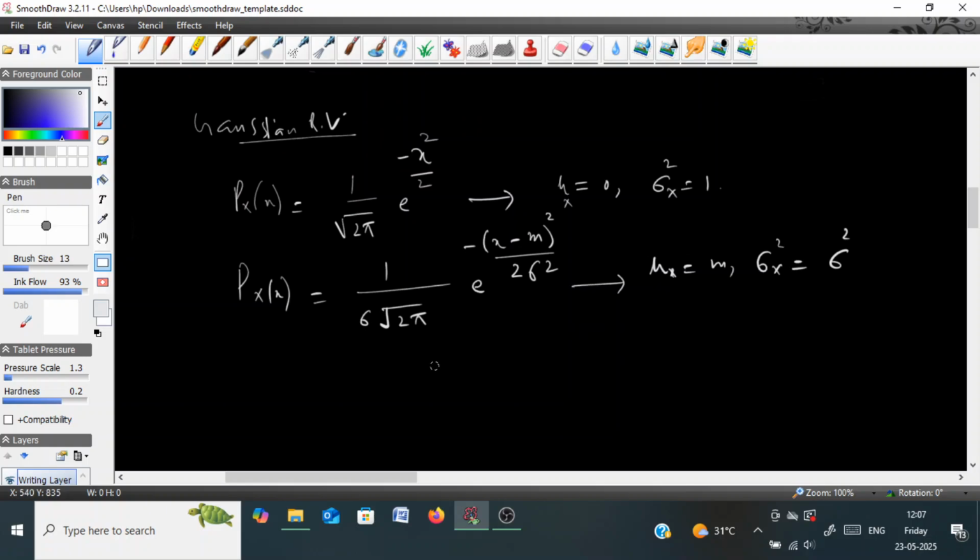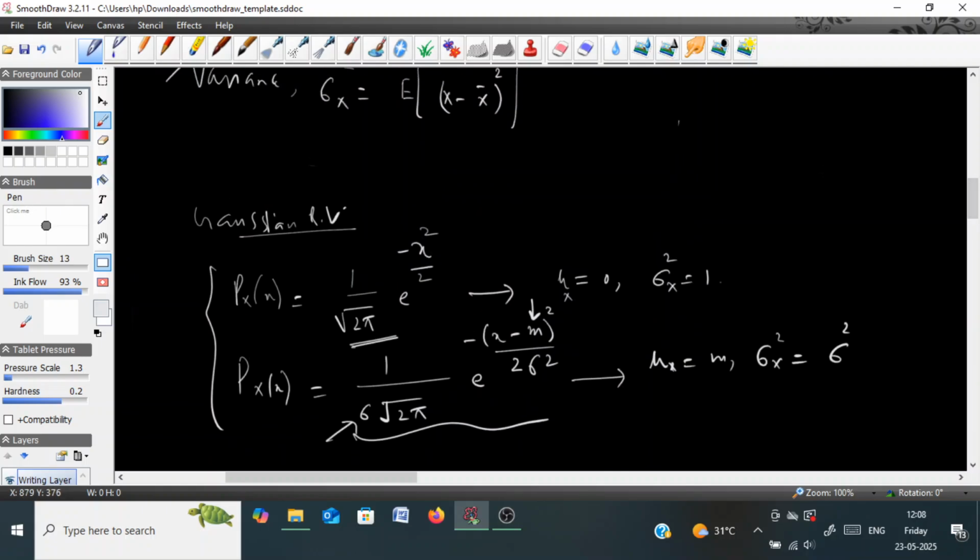Okay, and if you see, the entire Gaussian PDF is basically dictated by just two quantities. One is sigma and one is m. Okay, the mean and the variance completely define a Gaussian random variable.